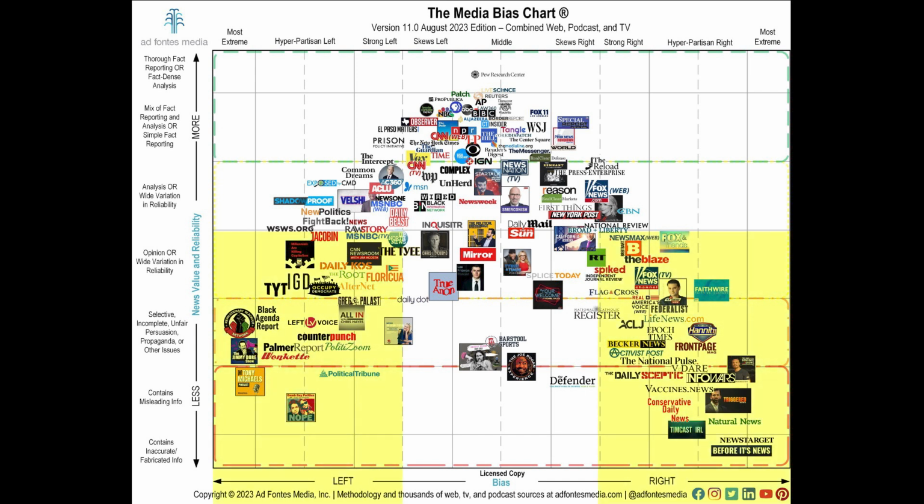Why do we have so many sources here on the bottom left and the bottom right corner? Well, in a competitive marketplace where these actors need to distinguish themselves from each other, what media companies have found a great amount of success in is radicalizing their content.